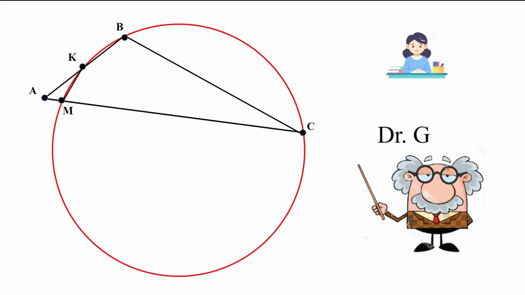We will need to prove this. And if we are successful, we will prove that triangle KAM and triangle BAC are similar. And this will make the problem very simple.